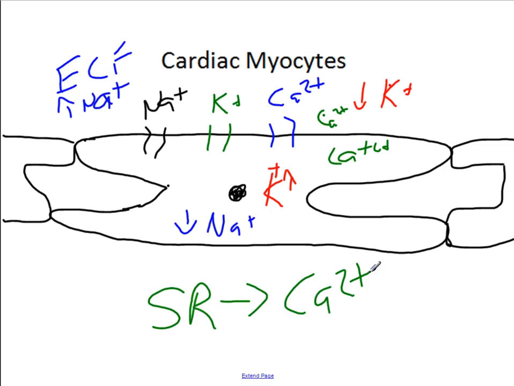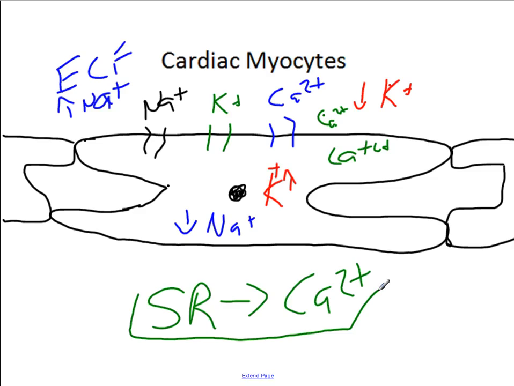Because remember, the release of calcium from the SR stimulates the regulatory proteins of a sarcomere, troponin and tropomyosin, to undergo a conformational change and expose the active binding sites on the actin filaments, so myosin can interact with it. Now, this is where one of the differences is found between skeletal and cardiac muscle: the sarcoplasmic reticulum is just not as extensive and well developed as in skeletal muscle.